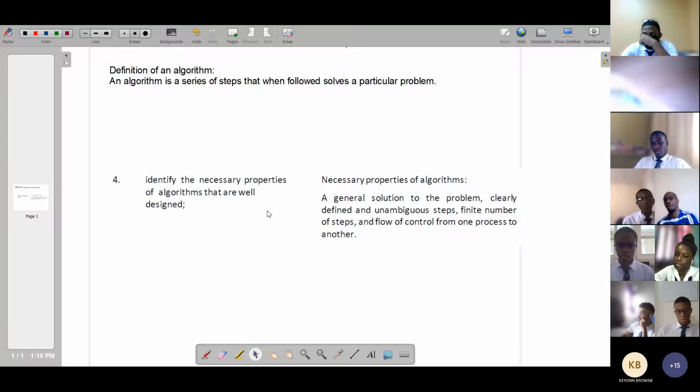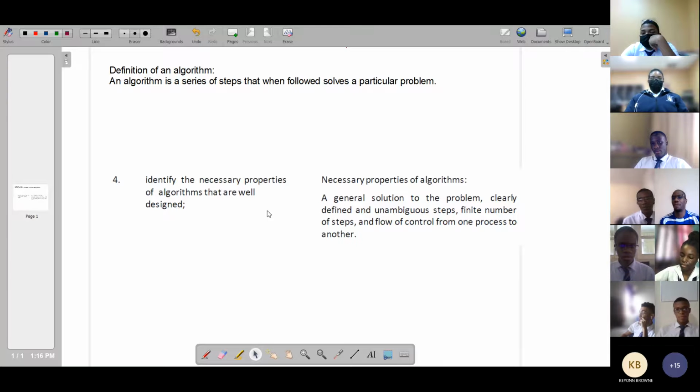And again, the third property, sorry, moving on, the third property of a well-designed algorithm is that you must have a finite amount of steps. And that makes sense, because if you don't have a finite amount of steps, what happens?